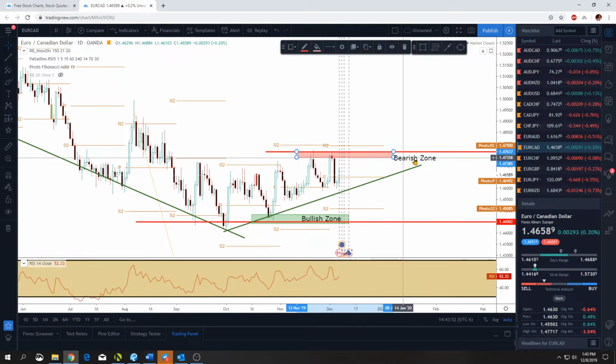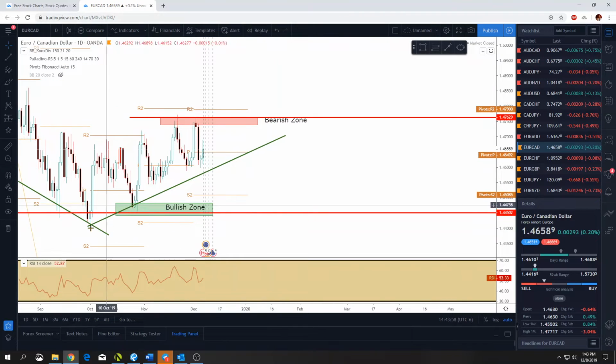If we get there and we start to see respect on a smaller time frame, more than likely, because we're in this upward trend, we might bust through to see a new high. We'll put our bullish zone where this bearish is, wait for a retest, and then go bullish from there. But we're not there yet.